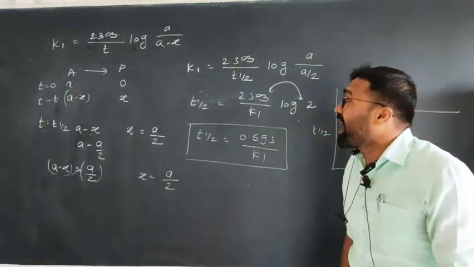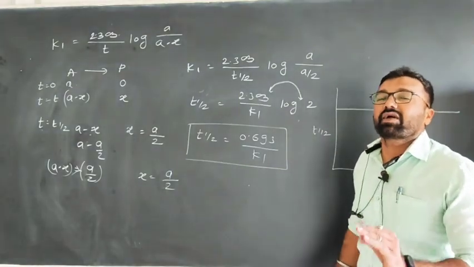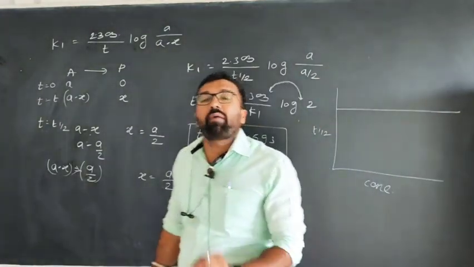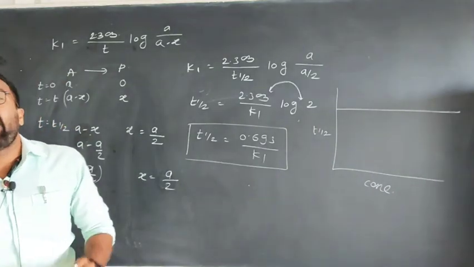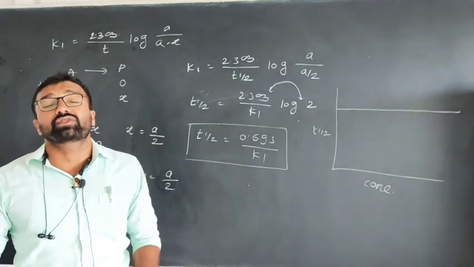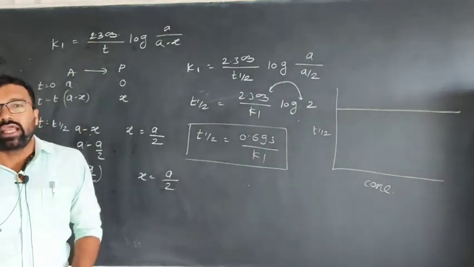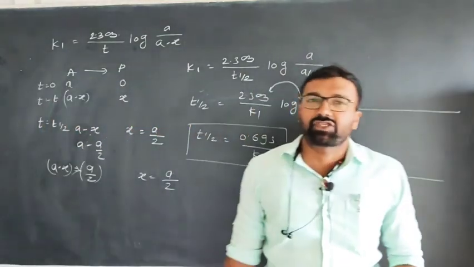And remember one more statement: a first order reaction never completes. It requires an infinite number of half lives. It required infinite number of half lives. This question was also asked in the SET examination and the GATE examination. How many half lives are required for completion of a first order reaction?